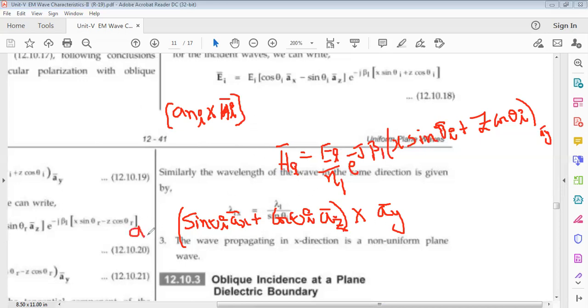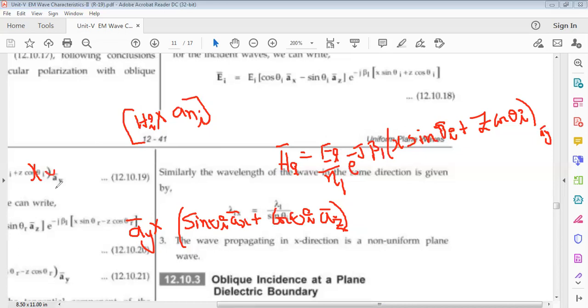So right here it is AY bar cross HI cross AN bar. Previously we did this in the electric field. So AY bar cross sine theta AX bar. Write down AY bar cross AX.